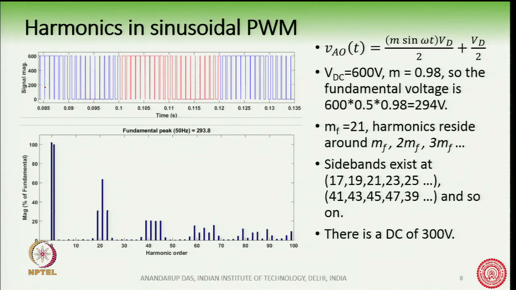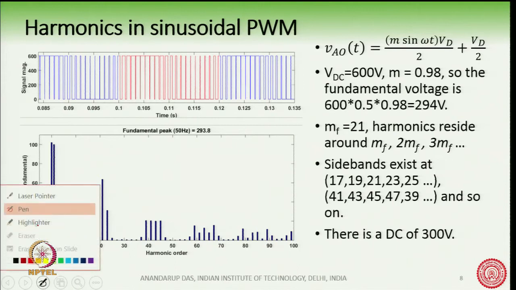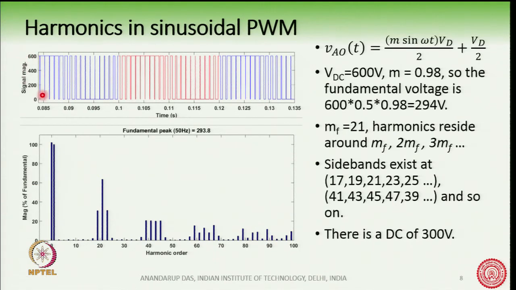On the top here, this is the VAO voltage waveform, and you can see this varying between 0 to 600, and in this case we have taken mf equal to 21. Okay. So, we expect that the harmonics will reside around mf, 2mf, 3mf, etc.